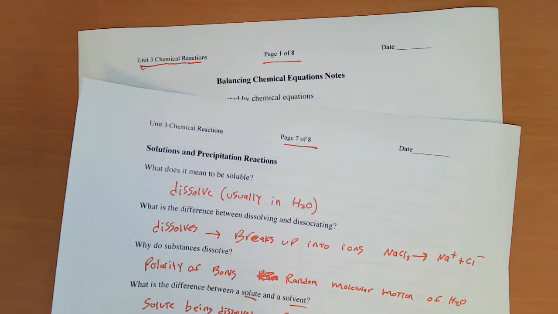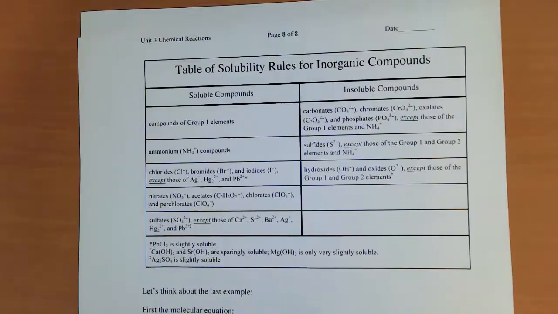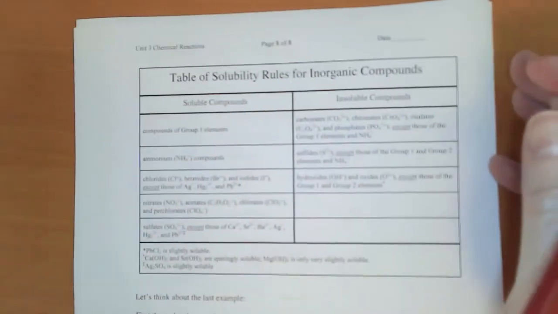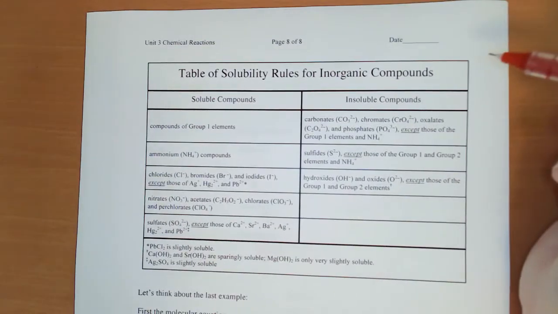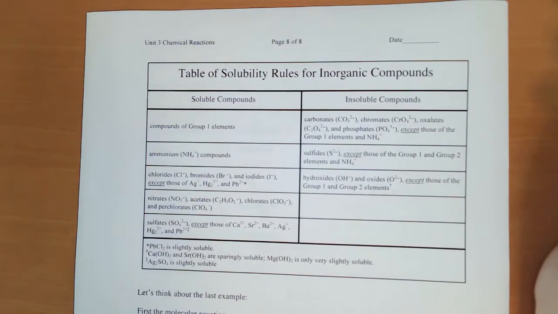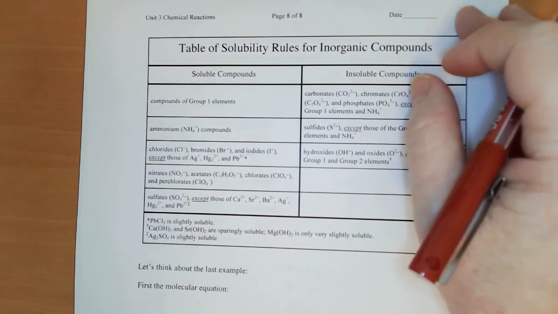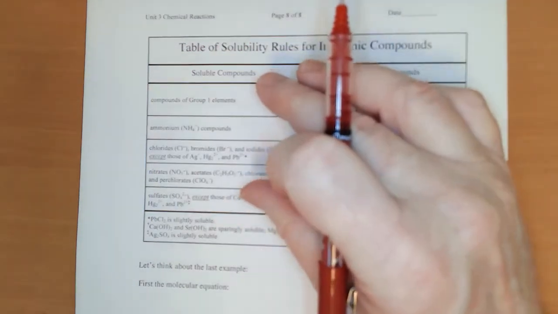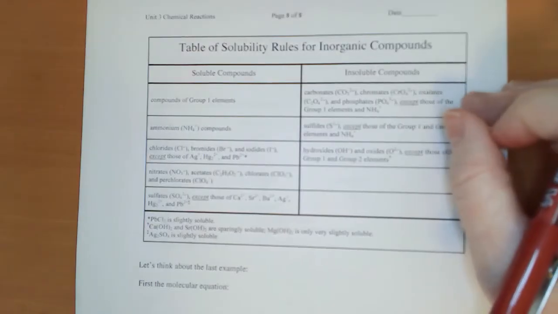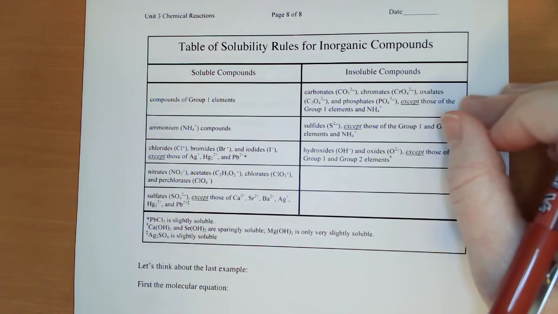Okay. Now, hopping on to page number 8, we're going to talk about what this looks like in a double replacement reaction. Now, here's a table of solubility rules for inorganic compounds. Now, I'm not going to make a big deal about you going home and memorizing this, because even if I did, you probably wouldn't right now. You'd probably just look for the chart when taking a test, okay? So, you'll learn these as we go. It'll just become second nature, all right?